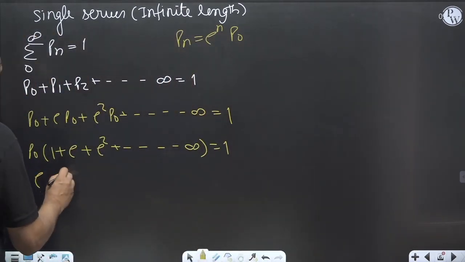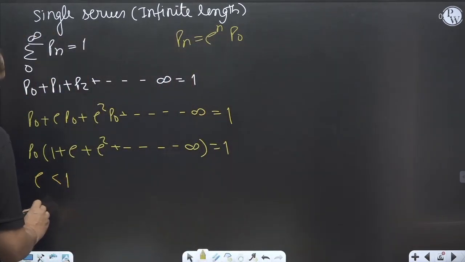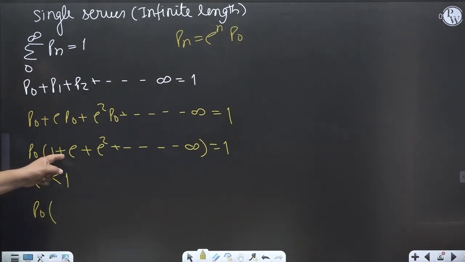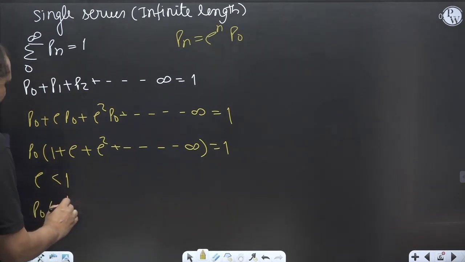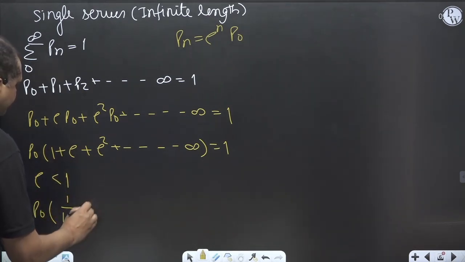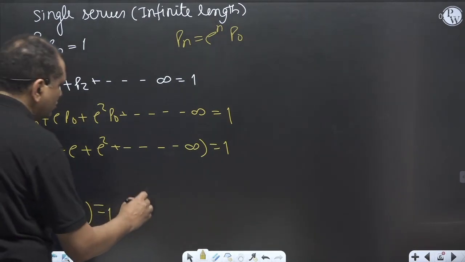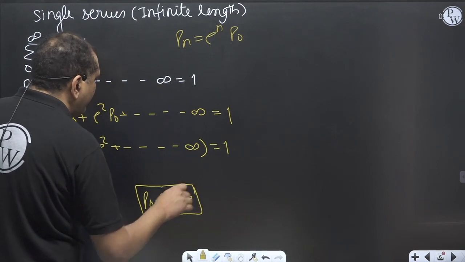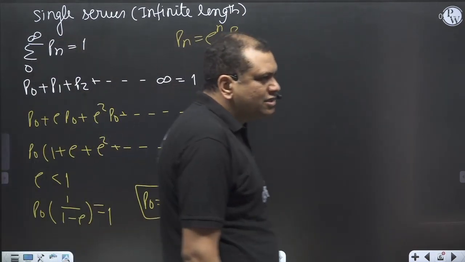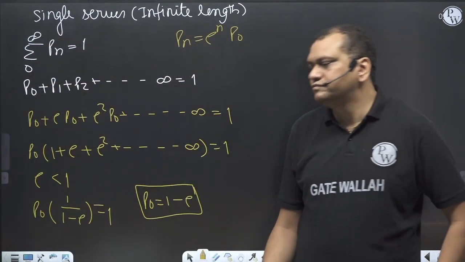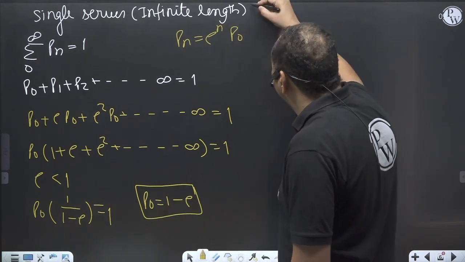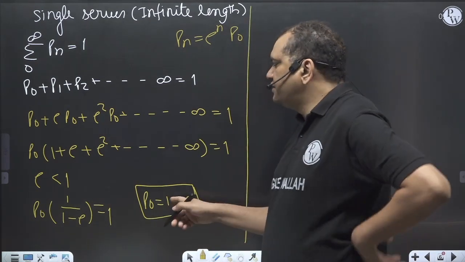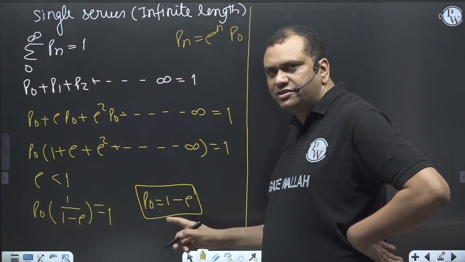If rho is less than 1, then it's a geometric series, A divided by 1 minus R. So P naught is equal to 1 minus rho. The probability that there is nobody in the system is 1 minus rho.